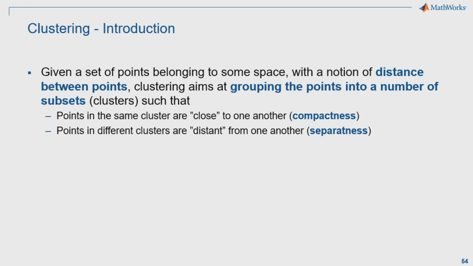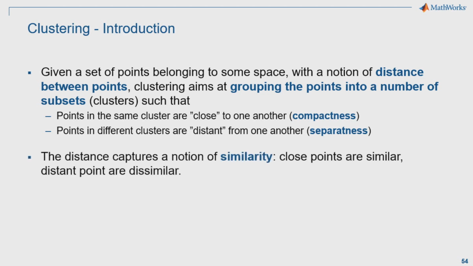Then we would like points in different clusters to be distant from points belonging to other clusters, and this is the notion of separateness. So of course, if the data points allow it, we want the recognized clusters to be distant from each other, meaning that there are different properties from one group that we recognize to another group.